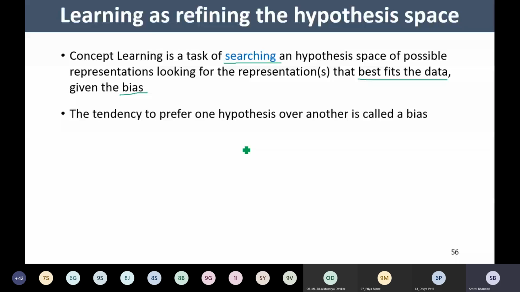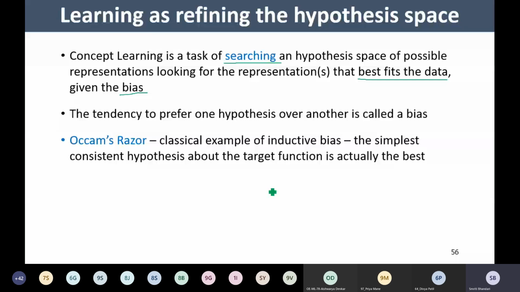The tendency to prefer one hypothesis over another is called a bias. A classical example of inductive bias is known as Occam's razor. Occam's razor says that the simplest consistent hypothesis about the target function is actually the best.